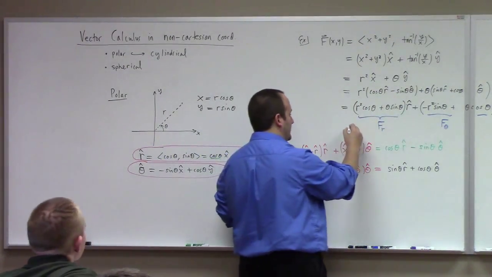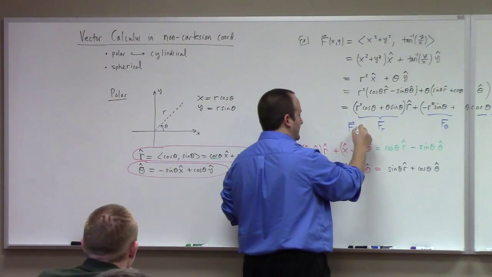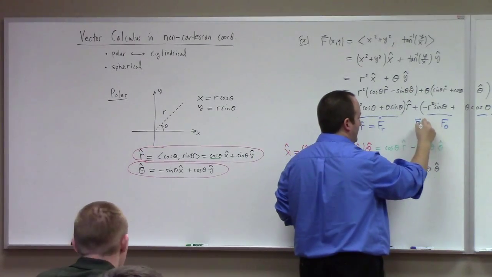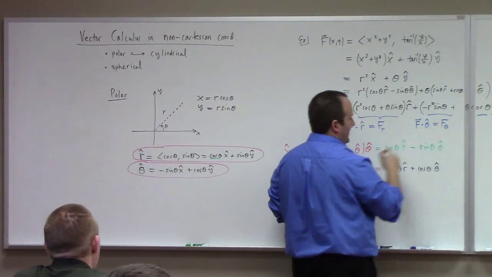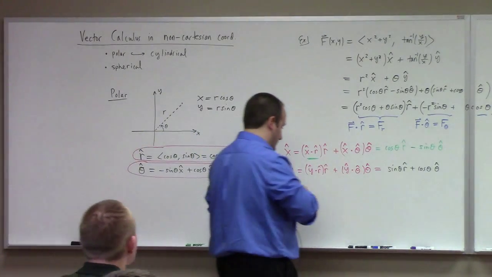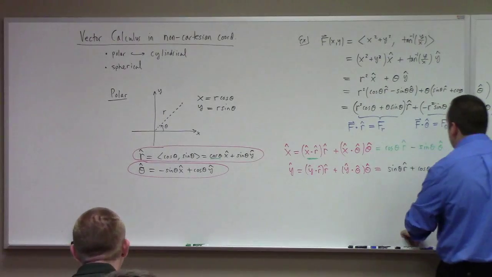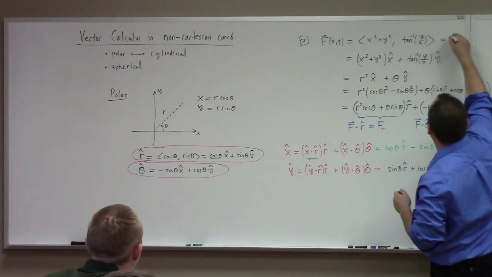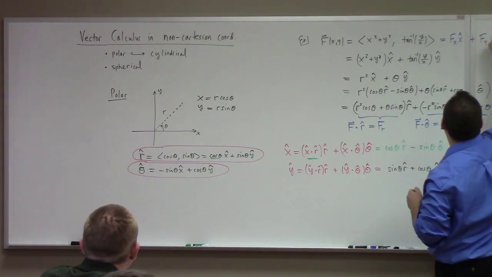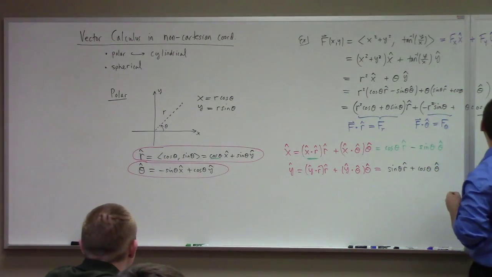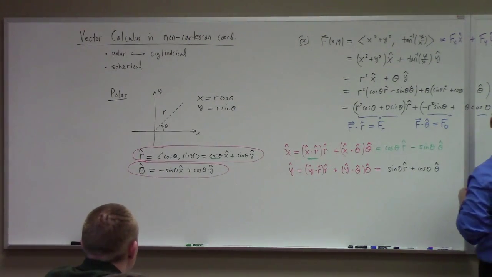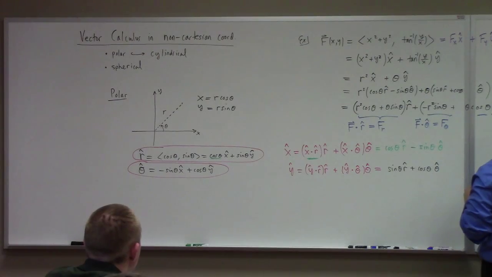And if you want a formula for that, well, F dot r hat is equal to this, right? And F dot theta hat is equal to that. So it's the r component and the theta component. Just like in the original thing, right? Just to bring it back to the Cartesian world again, up here you could write Fx x hat plus Fy y hat, where Fx was equal to F dot x hat, and Fy is equal to F dot y hat, right?